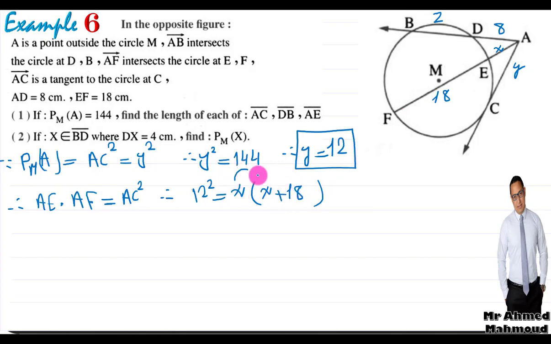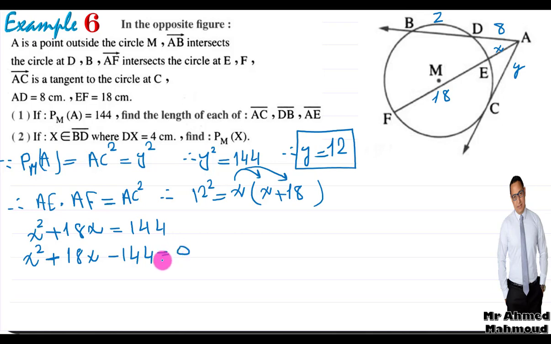I'm going to distribute: X times X equals X to the power of 2, plus 18X equals 144. By sending 144 to the left side, X to the power of 2 plus 18X minus 144 equals 0.